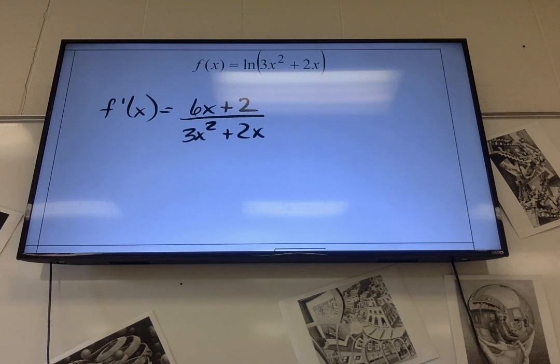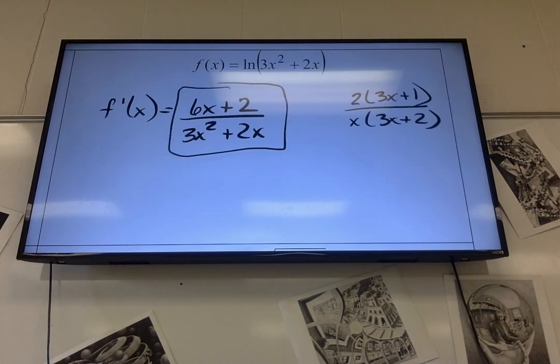If you did factor out a 2 on top and an x on bottom, nothing really happens. Both of those are correct. You might do that just to see if something canceled, but nothing did.